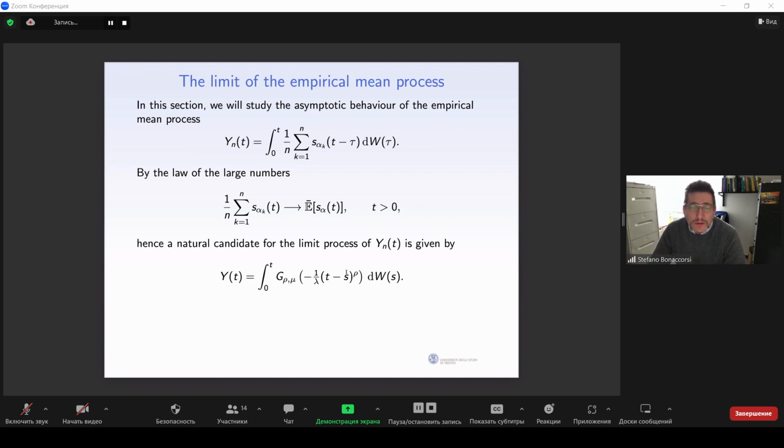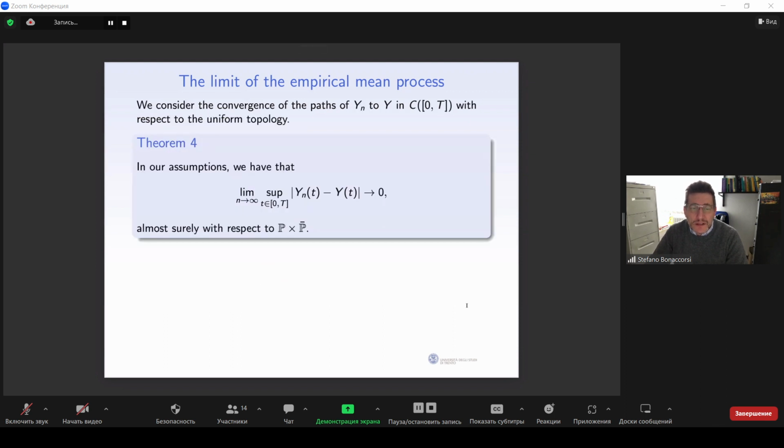And so, if everything works fine as we can expect, we can substitute the sum inside the integral with the expected value, and say that the limit of Y_n is given by the process Y, which is defined below. And this is exactly what happens, and that's why I'm telling you this.